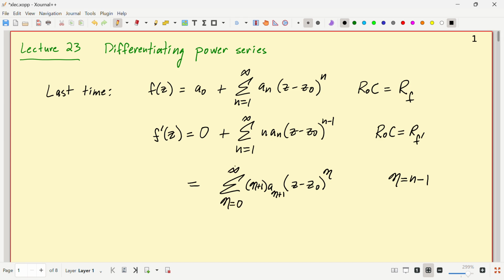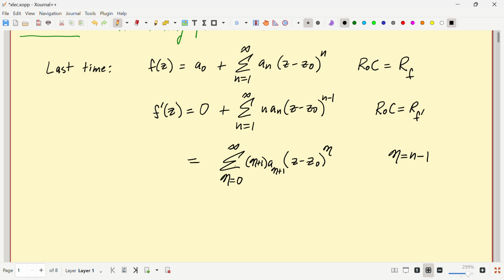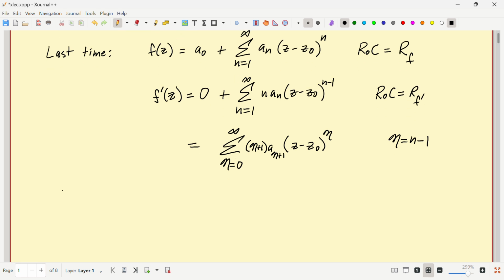Okay. And the easy fact, so we know that f prime is analytic, where f is.